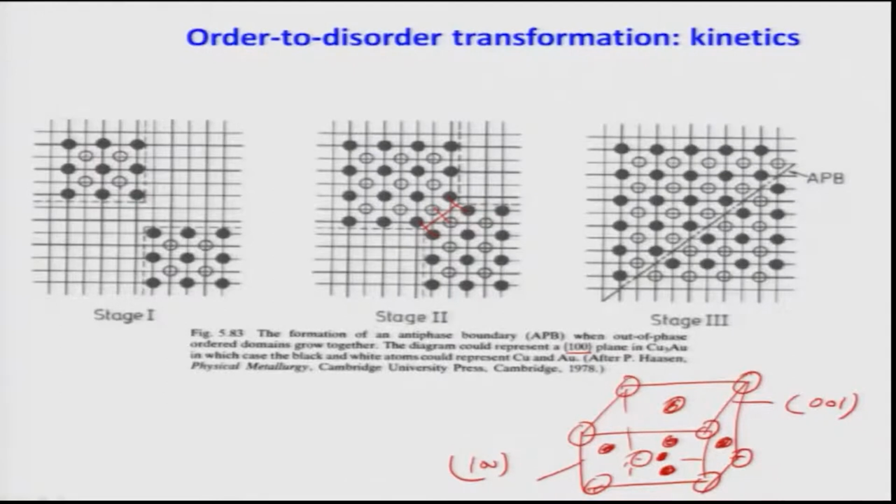You can clearly see that the corner atoms are occupied by either gold or copper. Basically this is Cu3Au. Please forgive me, here this is copper and this is gold, because these are taken from two different books, that is why the symbols are different. As you clearly see here, when they meet, there is opposite type of bond formation.